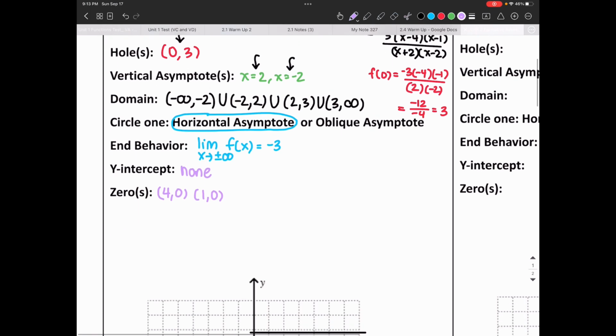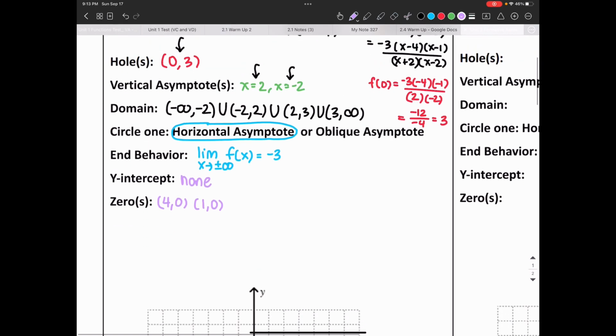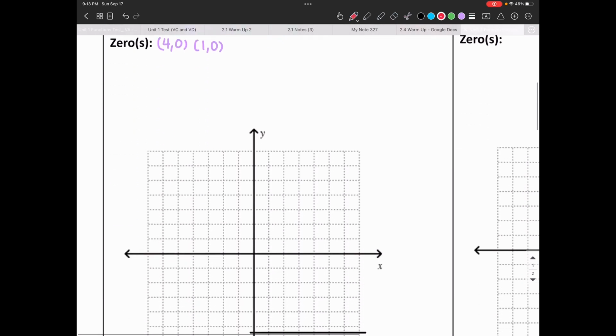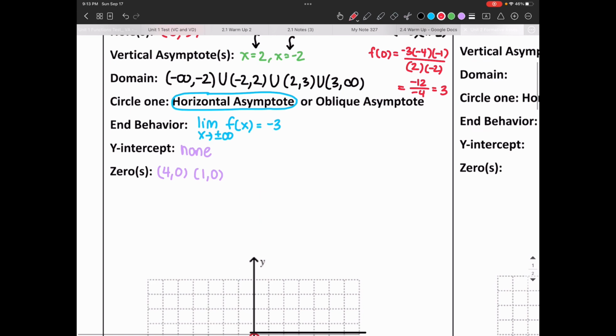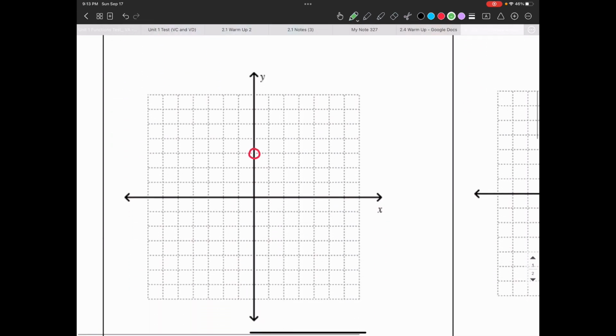Then I'm going to put all this important information on my graph. So I have a hole at (0, 3) right here. Make sure it's an open circle. I have vertical asymptotes at 2 and negative 2. I'm terrible at dashed lines.